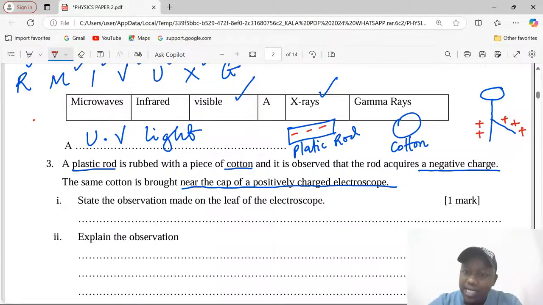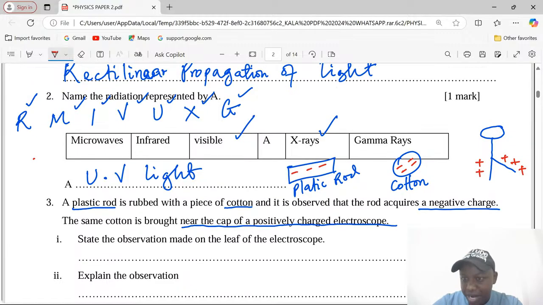This is to mean that the cotton has neutralized all the positives, and because it was in contact, it means that it was also negatively charged. So the cotton was also negative.